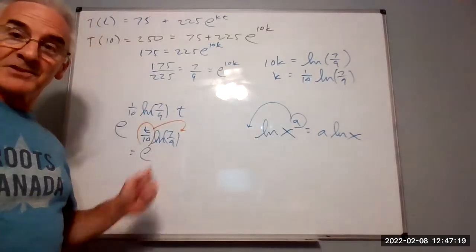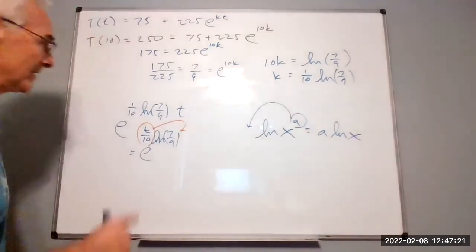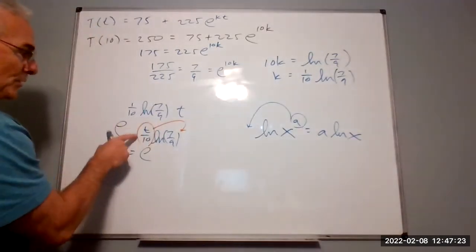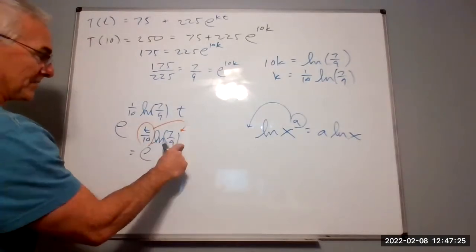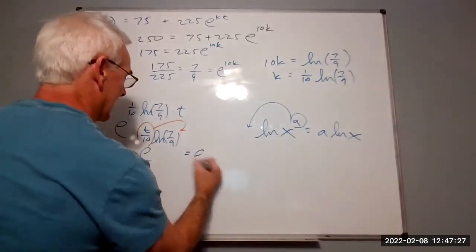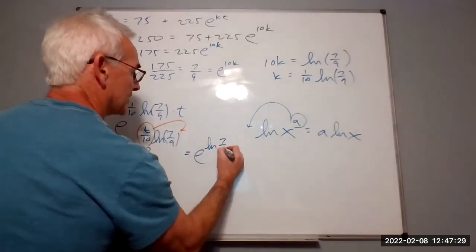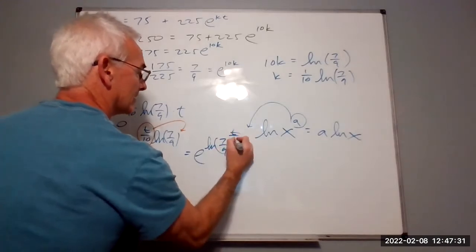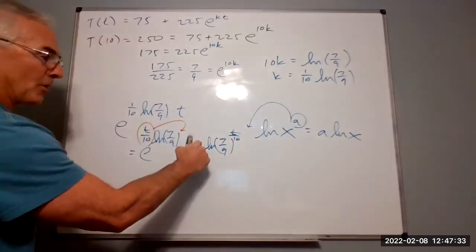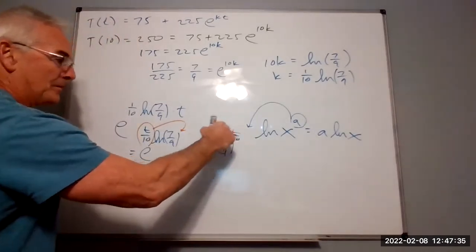This is not calculus, this is just logarithms. I have t over 10 log 7/9. That's the same as log 7/9 raised to the t over 10. I have e to the log of thing.